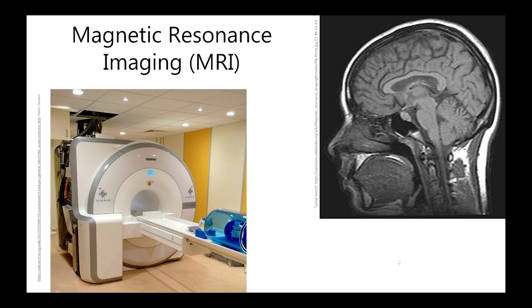It turns out the water content of the brain to a large extent correlates with the function of the brain. The axons that are carrying brain information, the white matter that you see when you cut into the brain, has less water than the neurons themselves. And of course, the vascular spaces have a lot of water, and so you can see all of these things with magnetic resonance imaging. Why don't we call it nuclear magnetic resonance anymore?